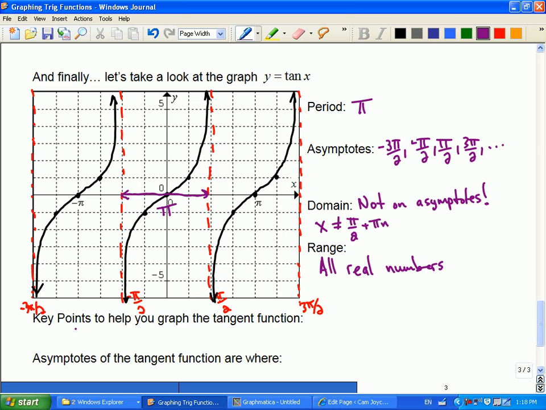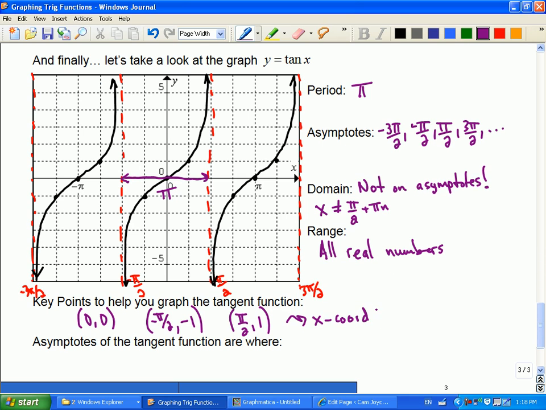And then the key points that I had mentioned there, that was the points at 0 and 0. And then it was at negative pi over 2, negative 1, and pi over 2, 1. And then your x-coordinates, you can just add pi n, and you'll end up at the next key point.